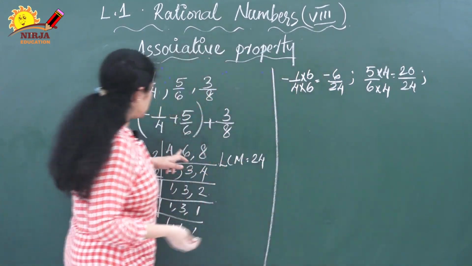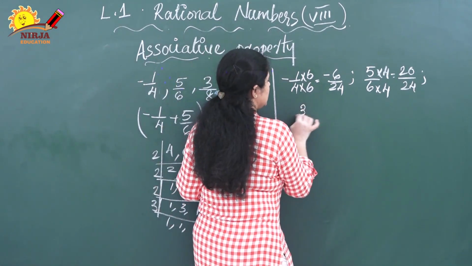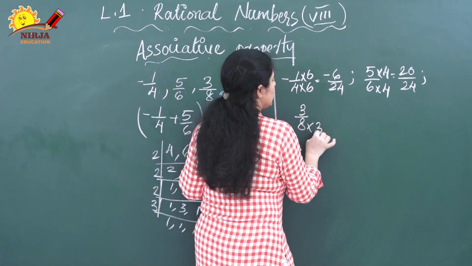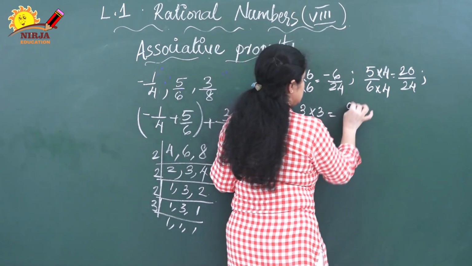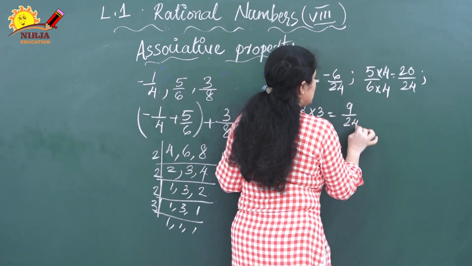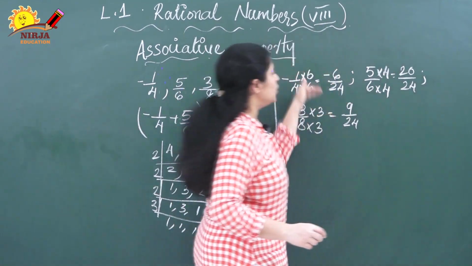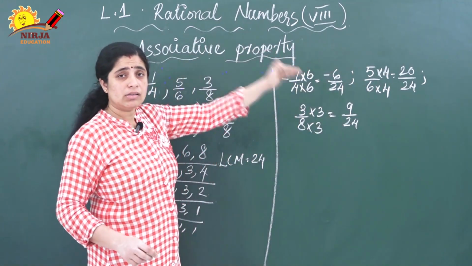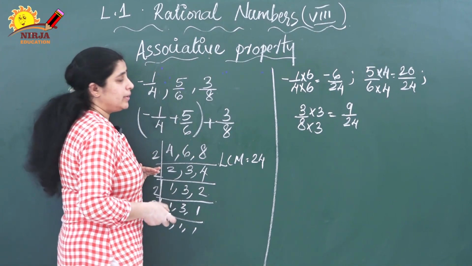Next number is 3/8. You have to multiply by 3. 3 3s are 9 and 8 3s are 24. Now the denominators of these three numbers are the same. So first I told you I am going to add these two numbers.